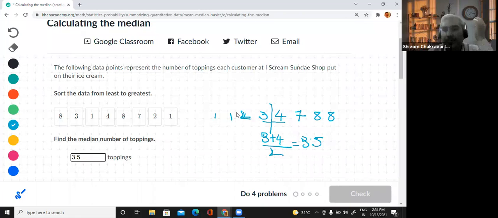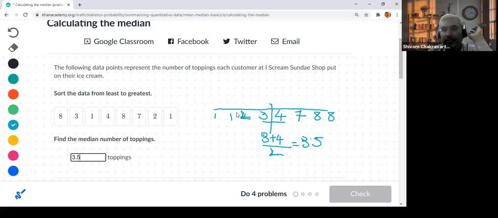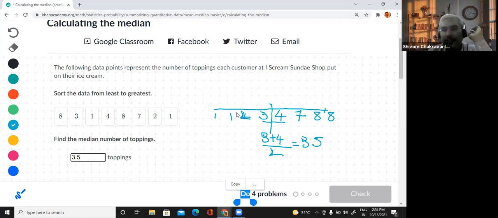Then in that case, to find the median, we would take this 3, because this is the middle value. 3 on the left side, 3 on the right. 3 is the middle value. But here we have an even number of values, because the last 8 is also there.